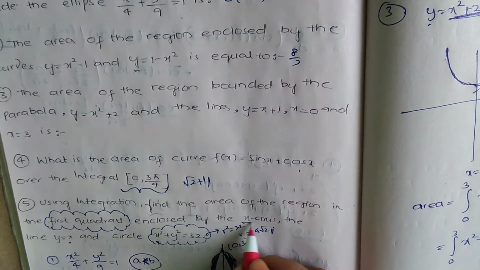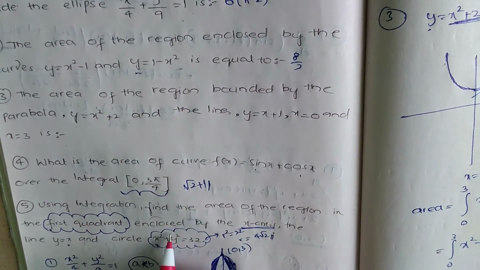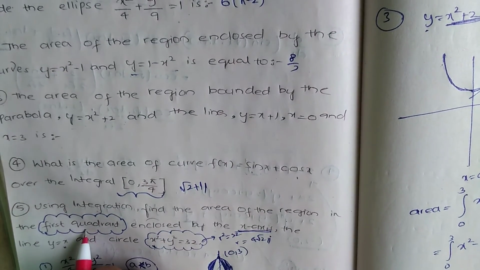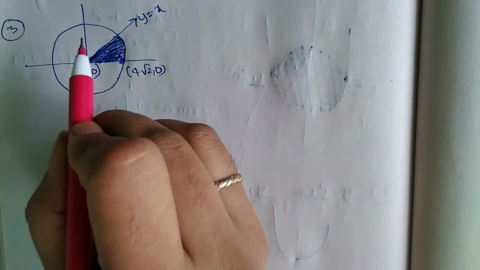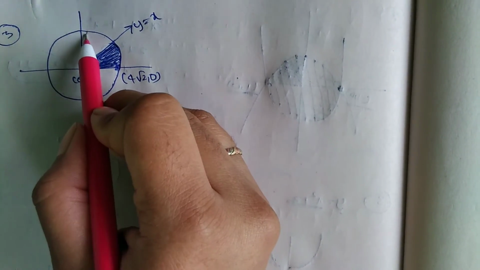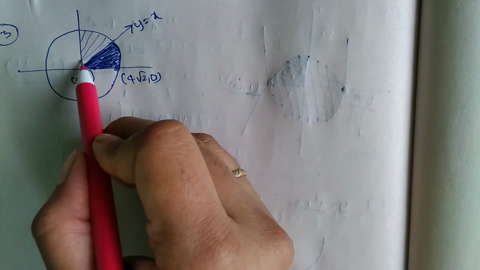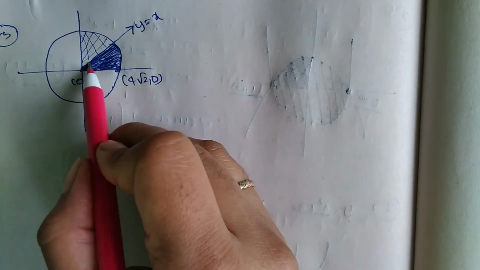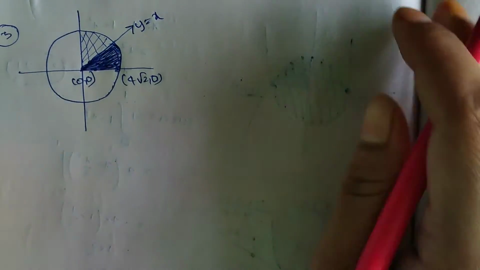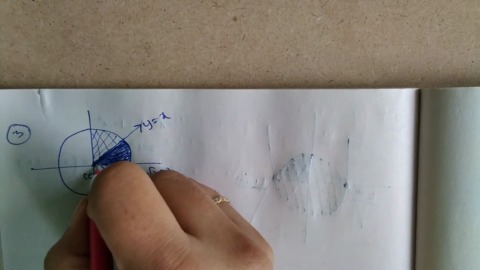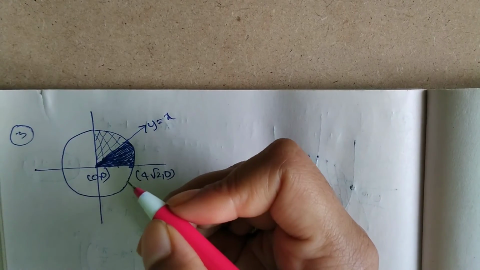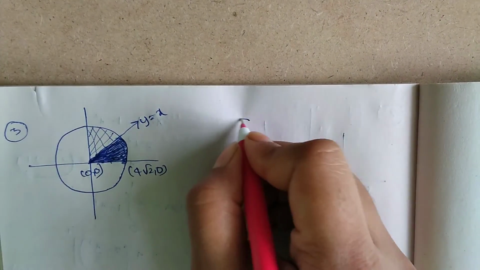Enclosed by the x-axis means this curve. If they mention it as by the y-axis, then you have to take this curve. But we don't need that now. We need only this part. So, how do I find this area? Is it symmetric? Like, can we divide and multiply? No, it's not possible. So, how do you do it?